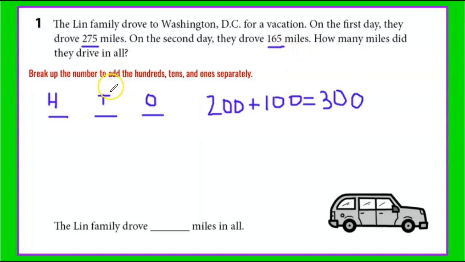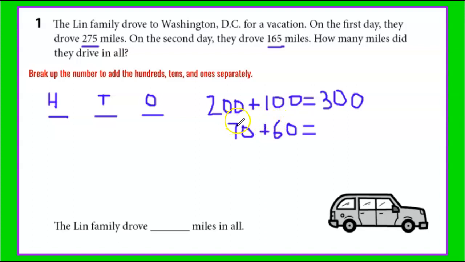Now I'm going to go to my tens place. Now I see my 7 in my first tens place, and we know that that's actually 70. And then I see my 6 in my other tens place, which is actually 60 because it's in the tens place. And now I can count up from 7 in my head or on my fingers, adding 6 more as I count.